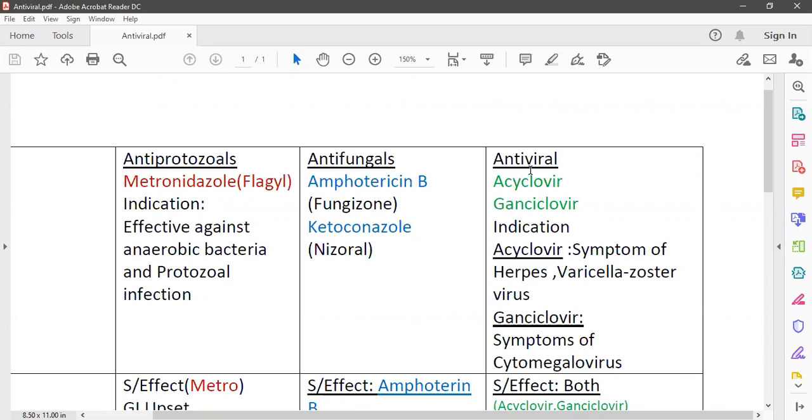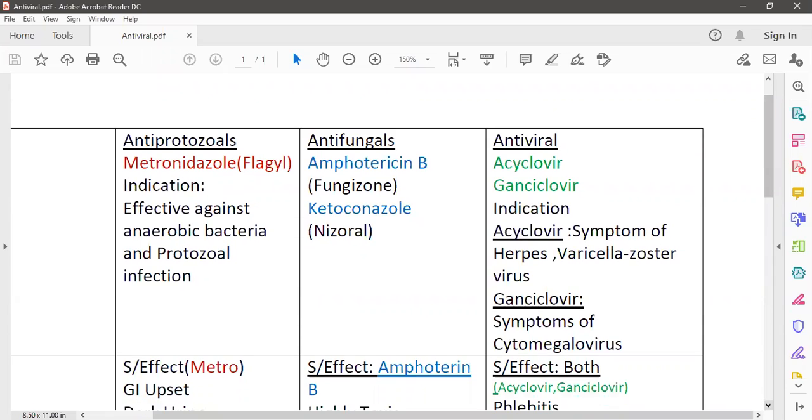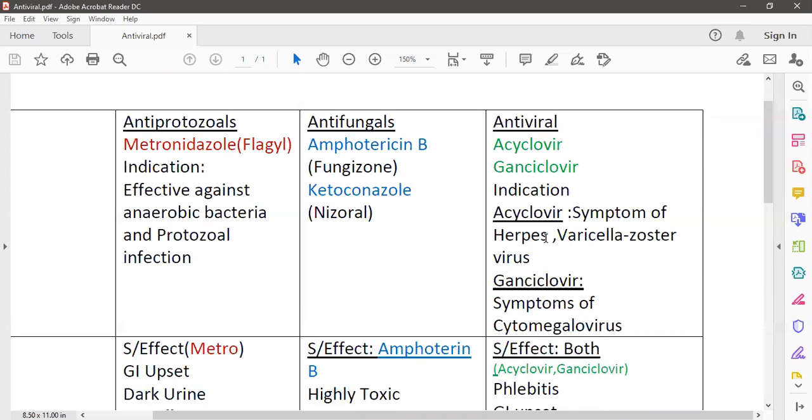Antiviral drugs we most commonly use are acyclovir or ganciclovir. Acyclovir basically works against the symptoms of herpes or varicella zoster. Ganciclovir is more effective against cytomegalovirus, CMV.